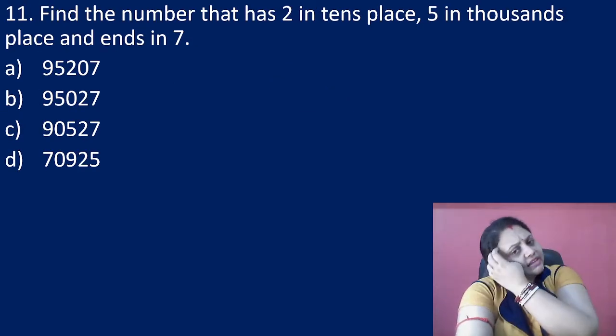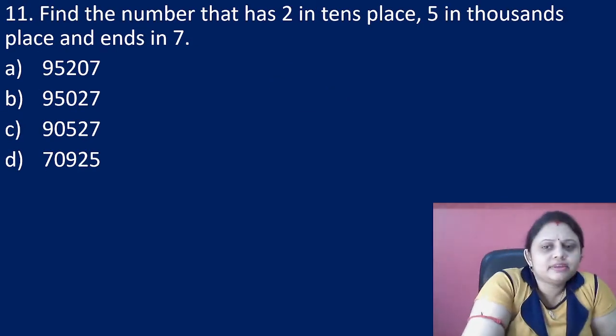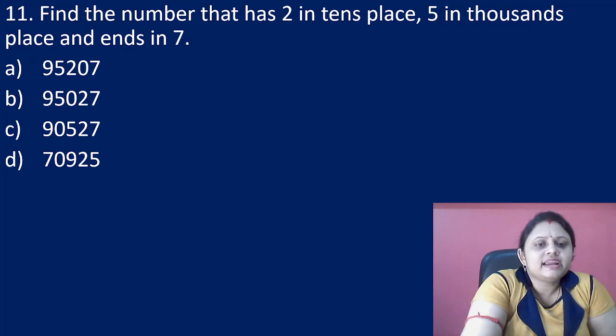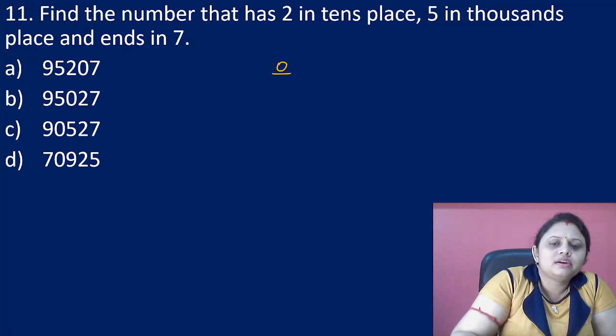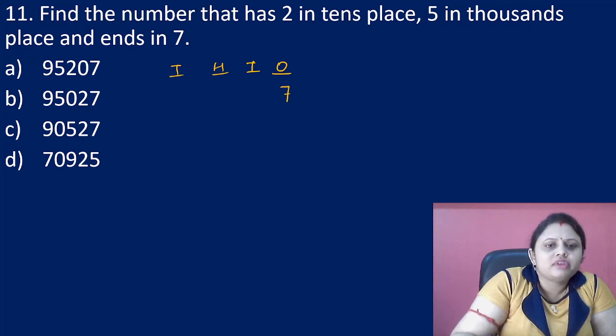Next, find the number that has 2 in tens place, 5 in thousand place and ends in 7. Okay, first we will write ones, 10, 100 and 1000. Ends in 7, 5 in thousand place, 2 in tens place.